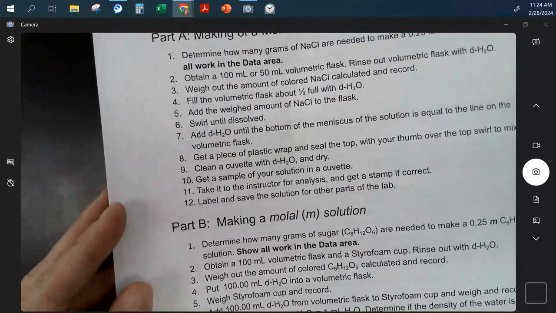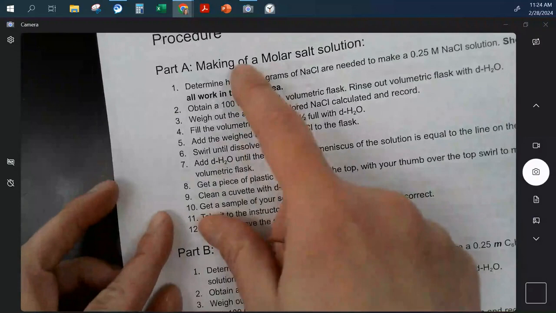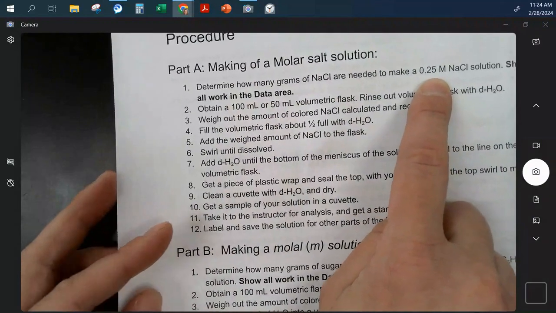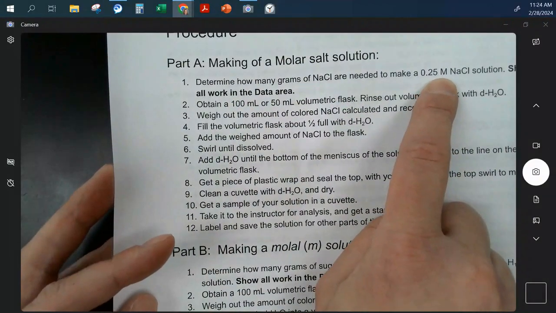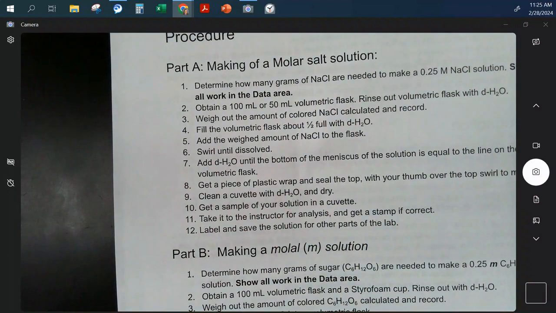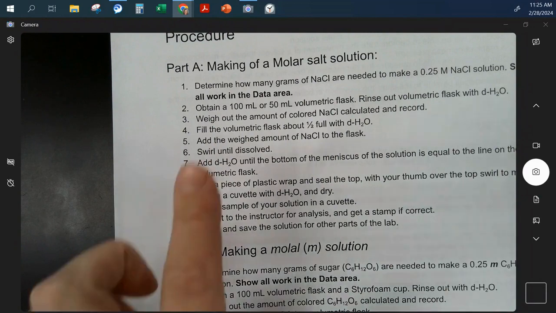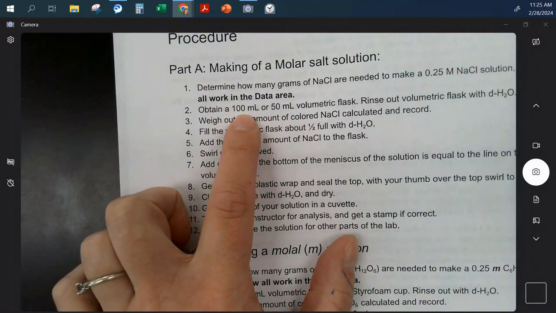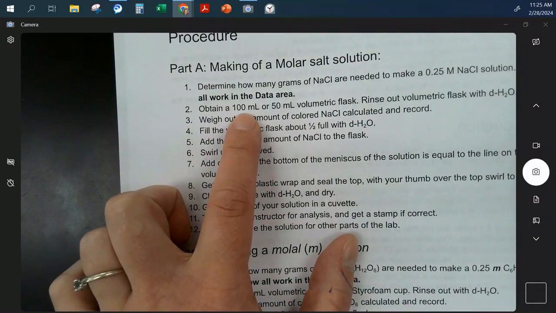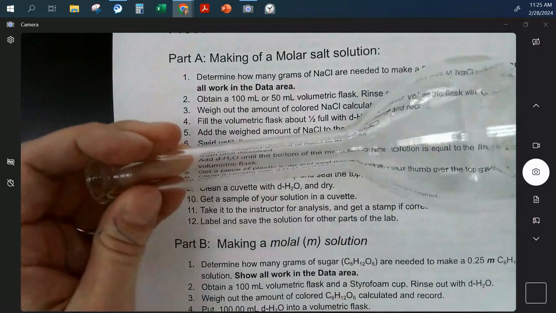Okay, so the first one is we're taking enough salt to make a 0.25 molar solution. So molarity is moles of solute over liters of total solution. So this is going to be salt plus our water, okay? In these instructions, it says 100 milliliter. We're using a 100 milliliter volumetric flask. So this is a volumetric flask.